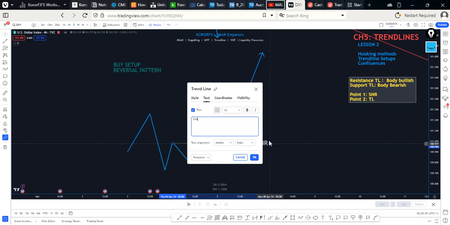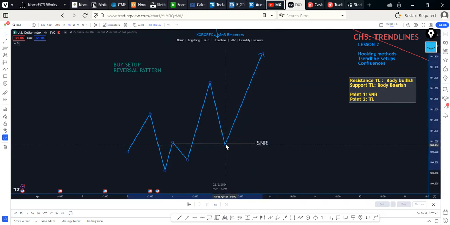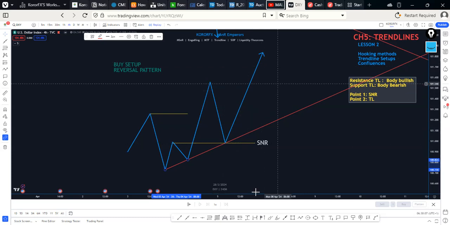We must always focus on the SNR because it is the one that we always follow. The whole concept of this course is about the SNR. So this is also the external structure where we got a breakout. So we have to add confluence, which is the trend line. We make it from the first point to the second point and wait for the price to buy from that level.